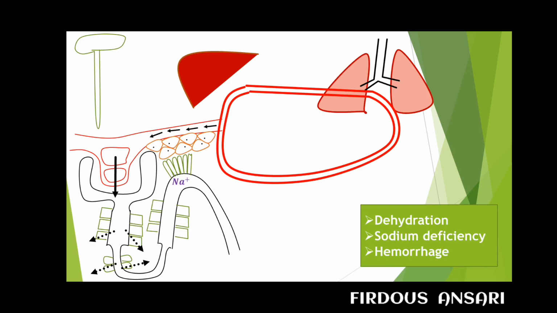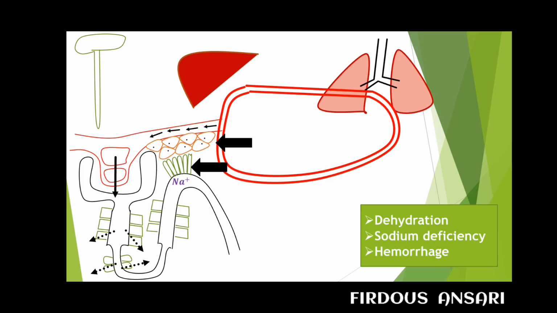So this macula densa, these green cells, mainly act as a chemoreceptor. The baroreceptor present in the afferent arteriole gets activated when it receives a reduced blood supply, and the macula densa acts as a chemoreceptor that gets activated when less sodium is present in the distal convoluted tubule.